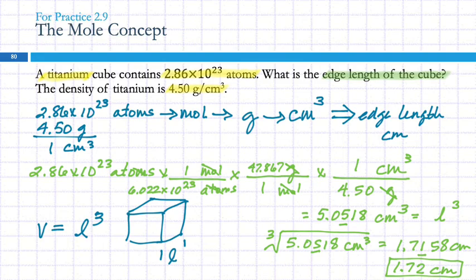But if you did a complicated problem like this and told me it was 1.7158, I wouldn't mark that wrong. If you get this number and it's multiple choice, and that number isn't there, but 1.72 is, you should be okay with recognizing that it is essentially the same number and picking that.